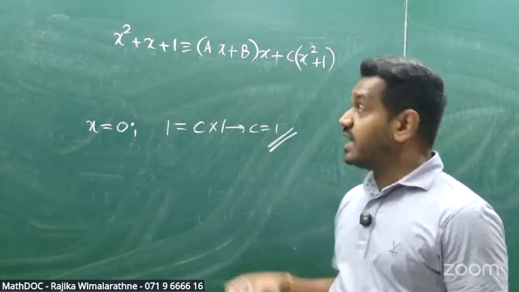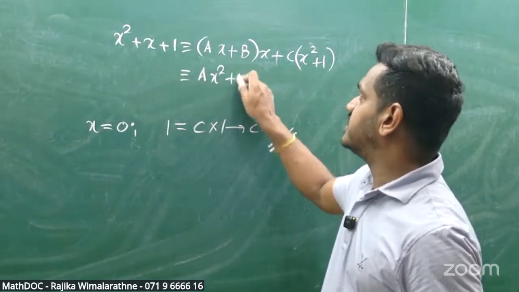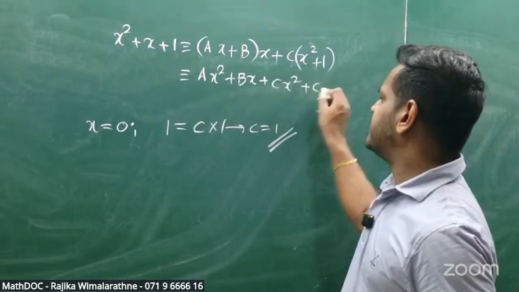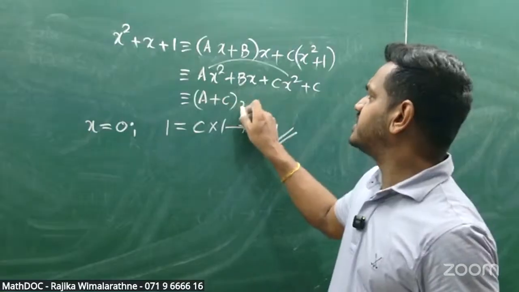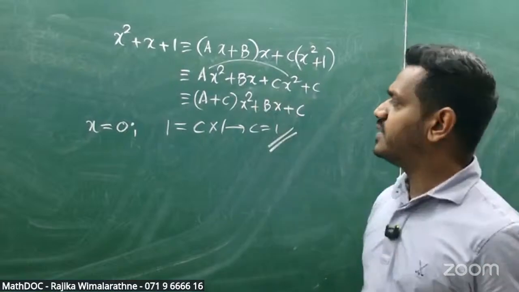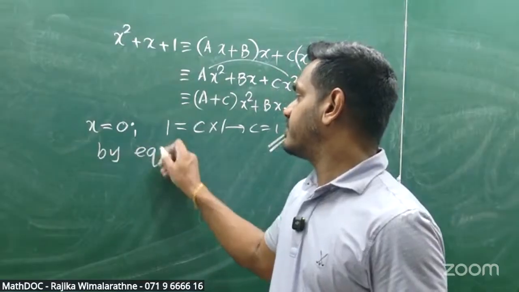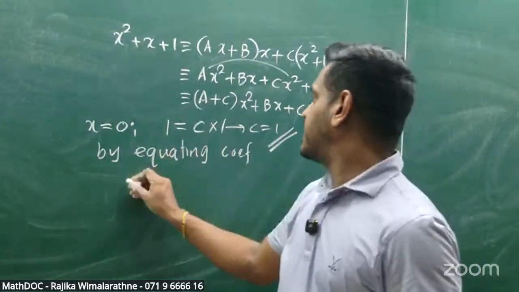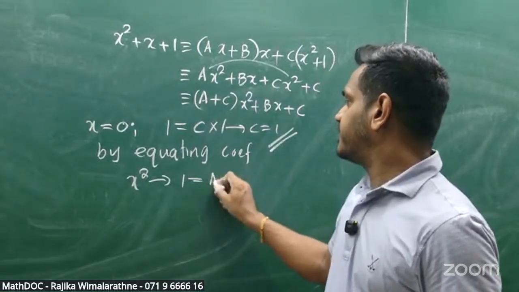Then expand this one: ax squared plus bx, plus cx squared plus c. Take these together: (a plus c)x squared plus bx plus c. Now equate coefficients. Take the x squared coefficient: here 1, there a plus c.